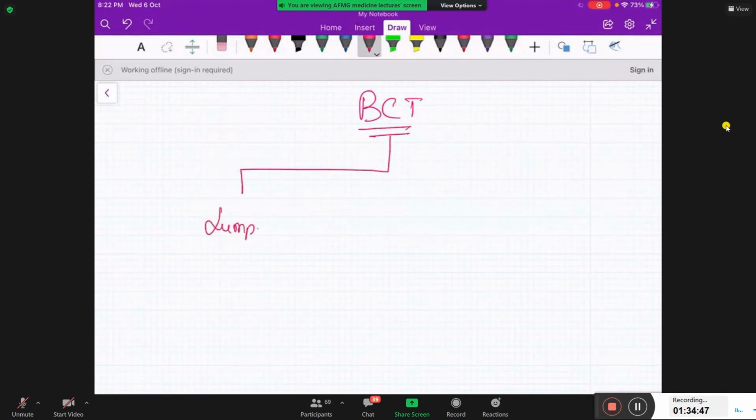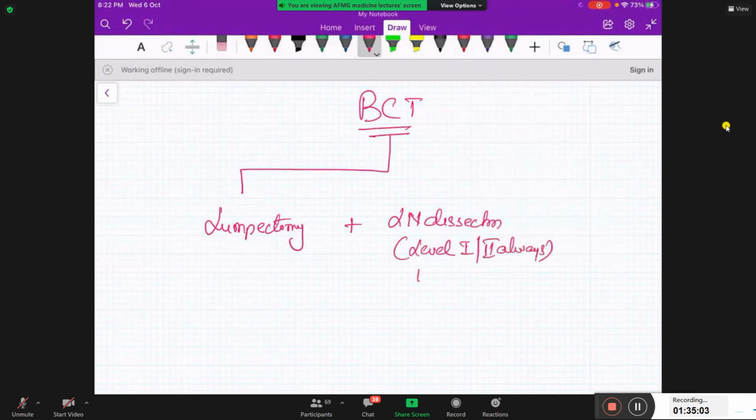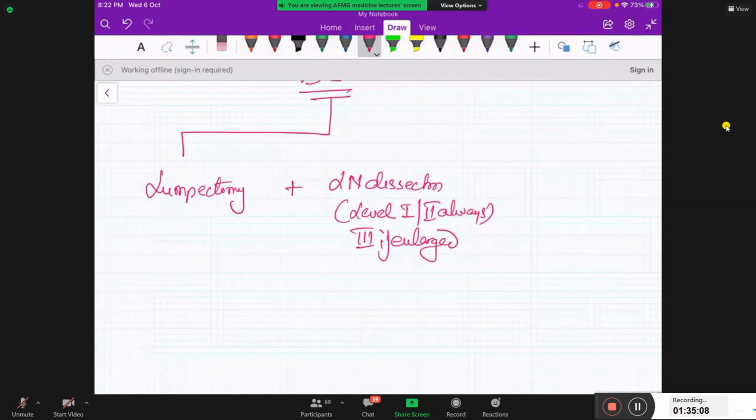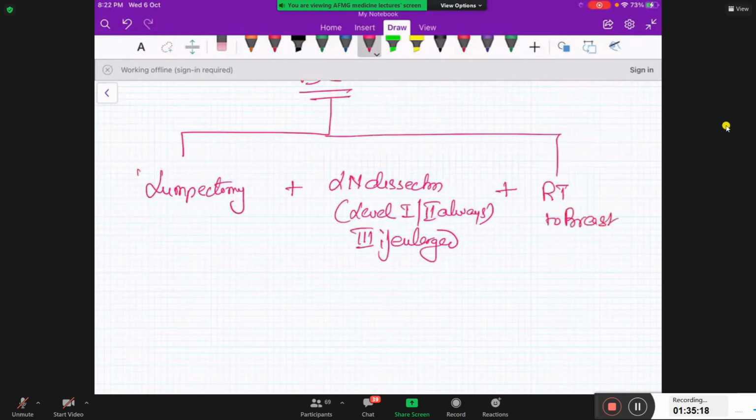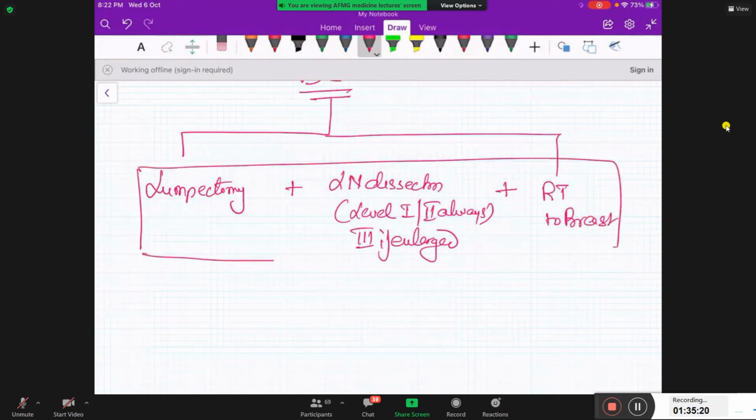Lumpectomy, lymph node dissection, that is level 1, level 2 always, level 3 if enlarged, and also radiotherapy to the breast.